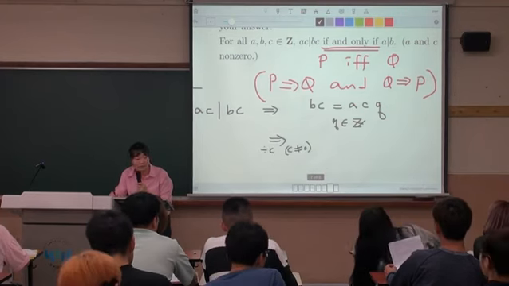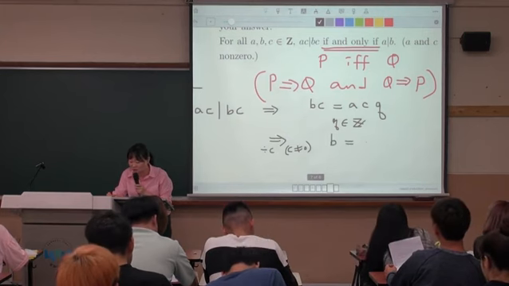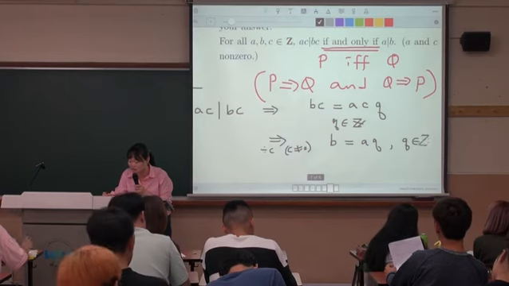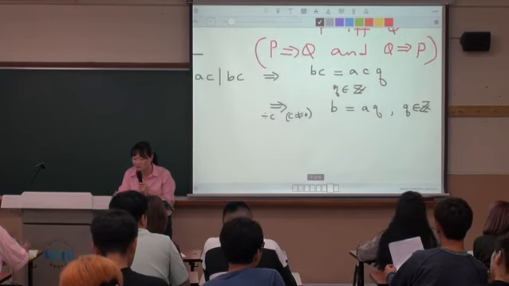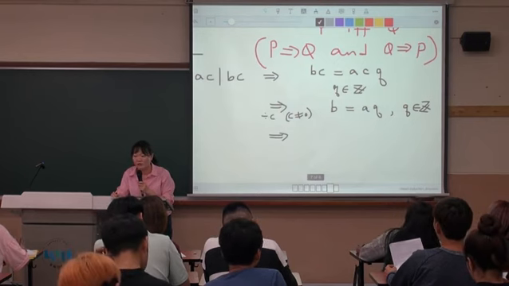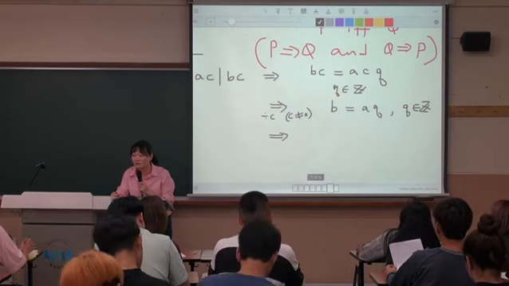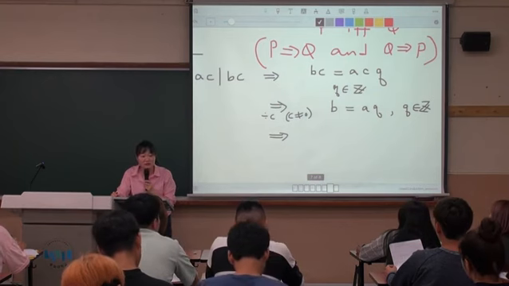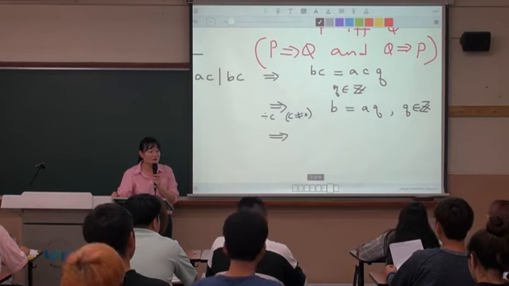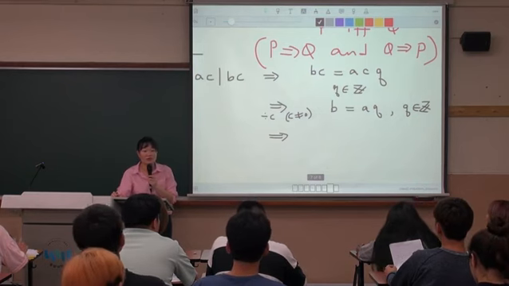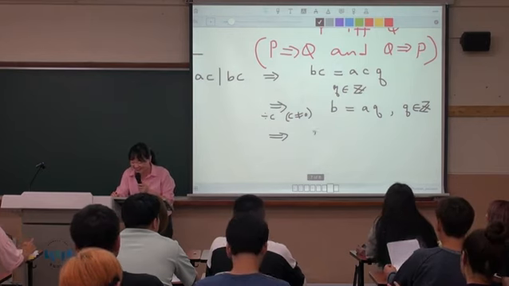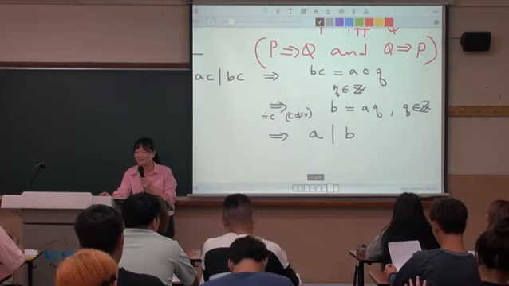What do we get? B is AQ. But Q is in where? Z. What does this tell you? A divides B? 뭐가 뭐를 나눈다? A가 B를 나눠요? 맞아요. Yeah. A divides B.